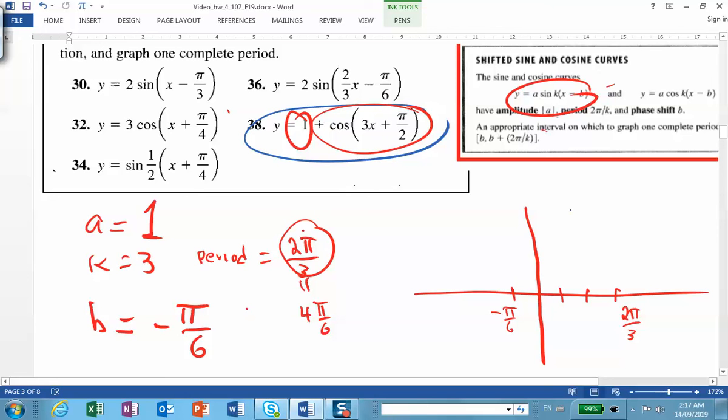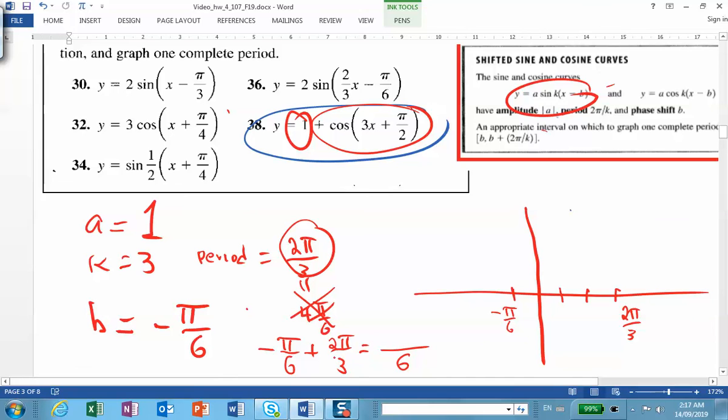So yeah, that's right. So the question is, hang in there. We have to be very careful here. We start at minus pi over 6, and we have to go to minus pi over 6 plus the period, 2 pi over 3. So what is this?